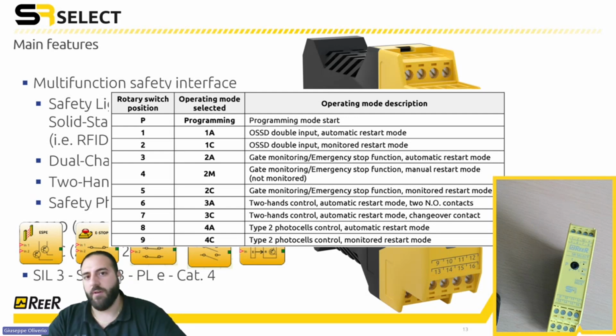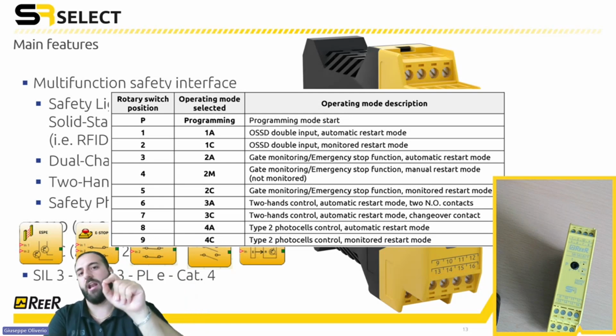So in case you have light curtains, RFIDs, Ilion or Ulisse that are our type 2 photocell, or any kind of two-hands control based on a changeover contact or a normally open contact, we can manage it by using only one code, not all at the same time, because the SR Select is a one purpose interface but multifunction.